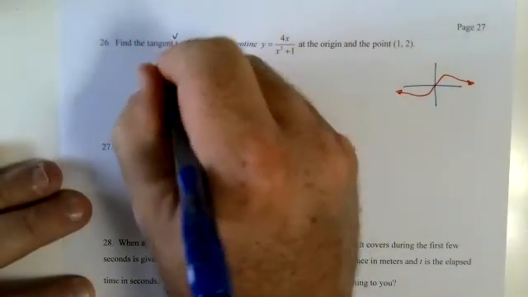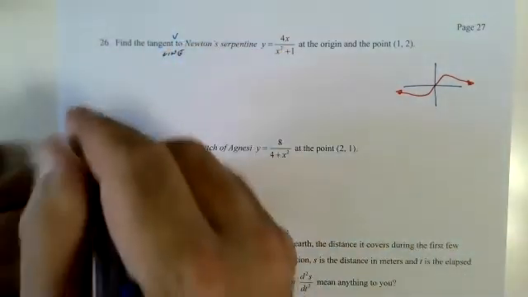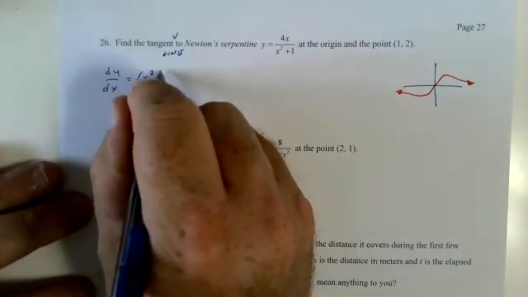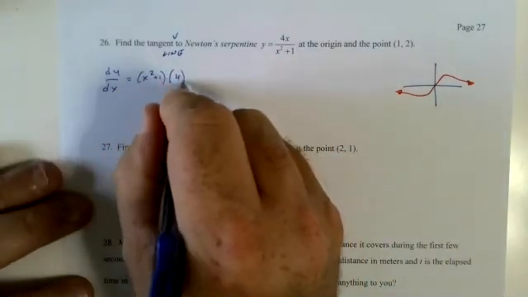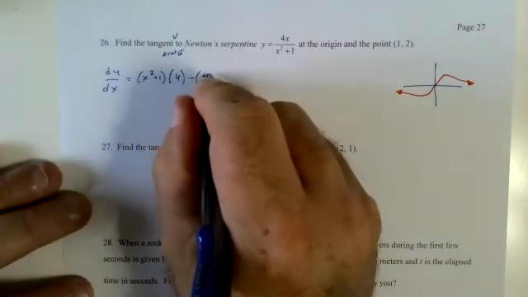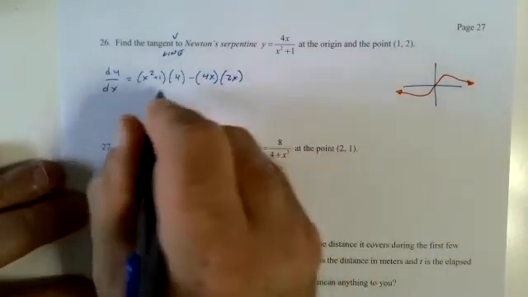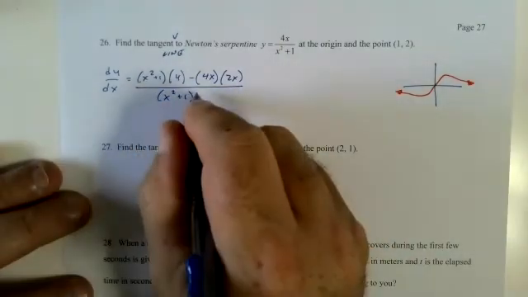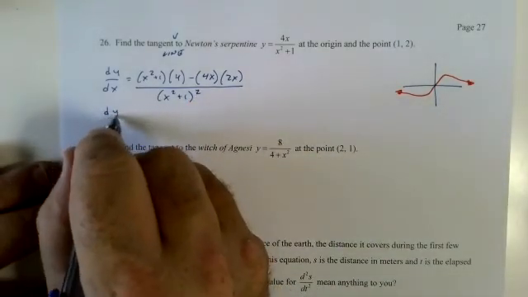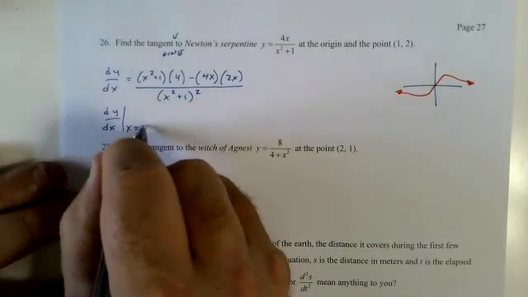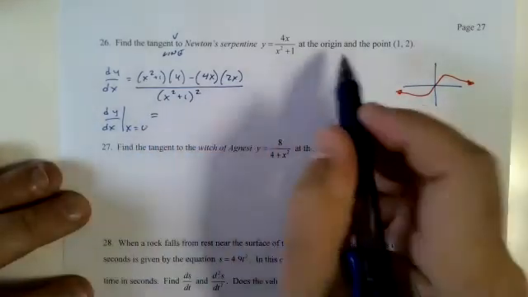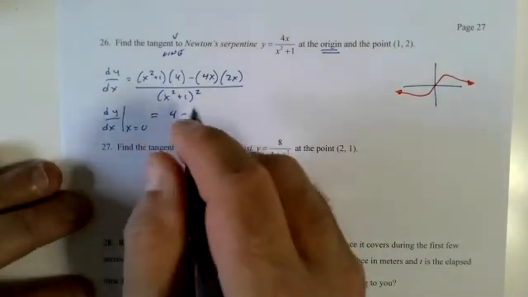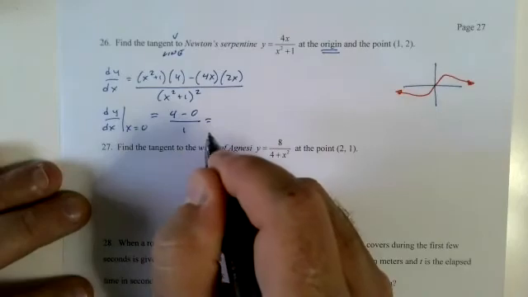So let's just plug that in there. dy/dx is low d high minus high d low over low squared. dy/dx at x equals 0, that's the origin, is 4.